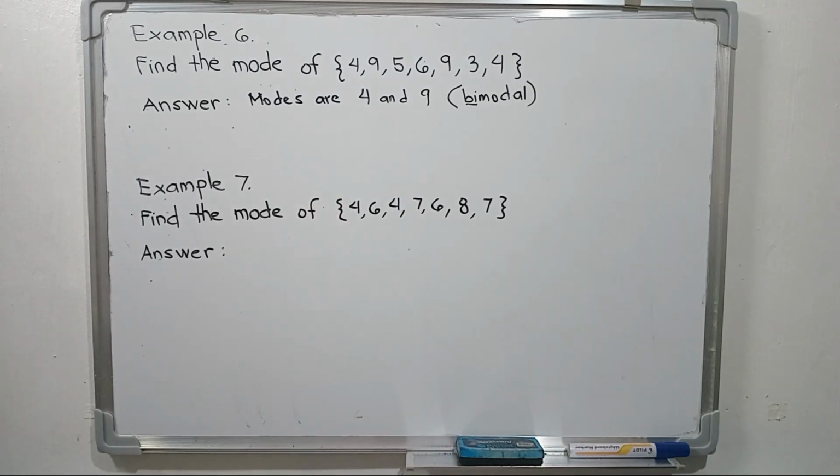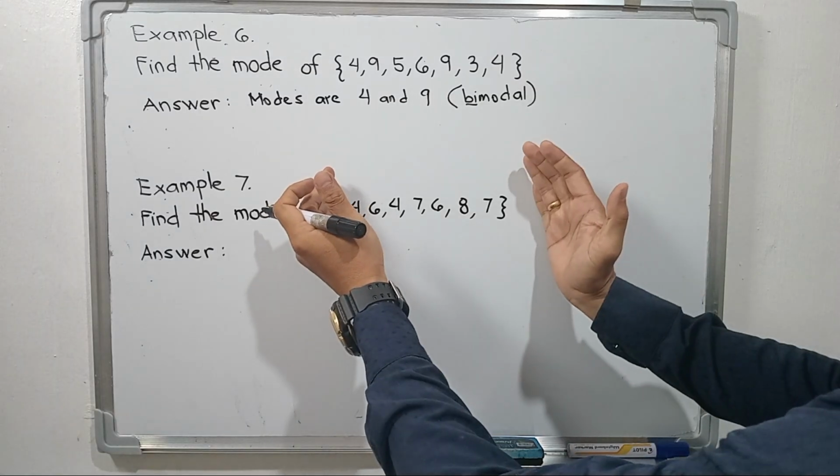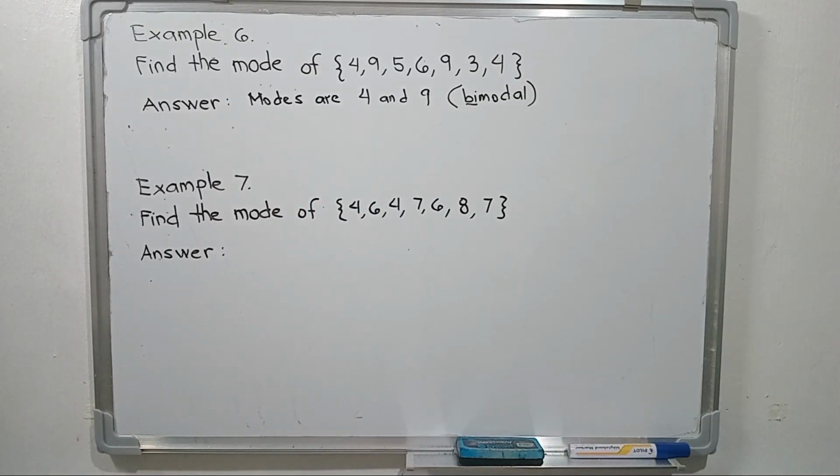Now let's have example number 7. Find the mode of this data set. Now again, what we're gonna do is we will analyze the data set and we will identify the most frequent number. Okay, now take a look.